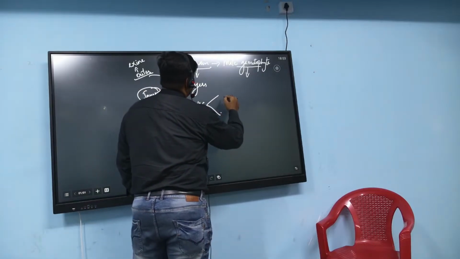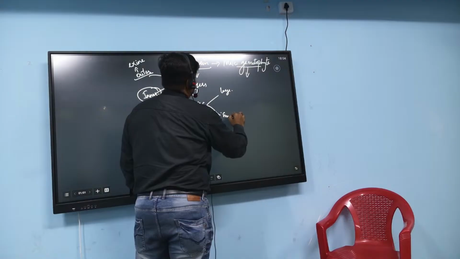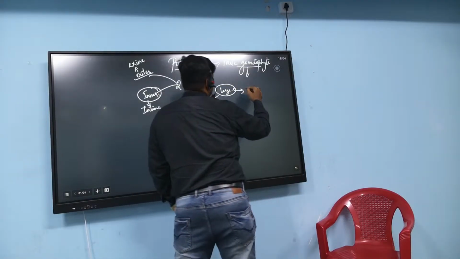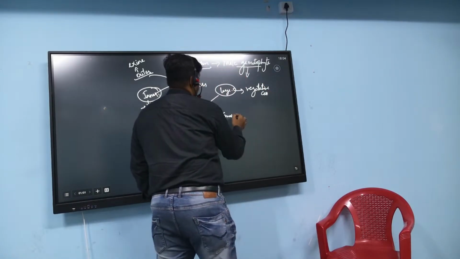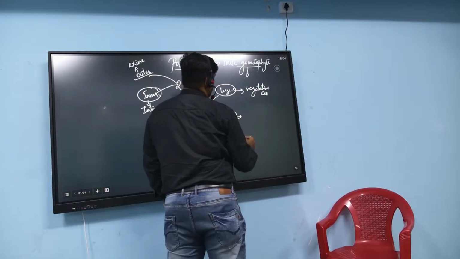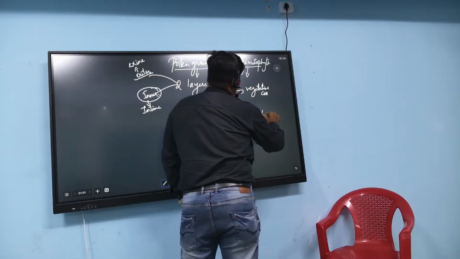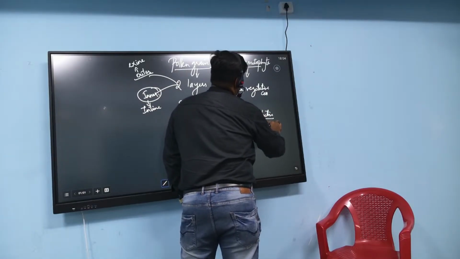Now coming to the two cells. We have two cells, one large, one small. The large cell is called the vegetative cell. The small cell the pollen grain has is called the reproductive cell, or another word we can use, generative cell.